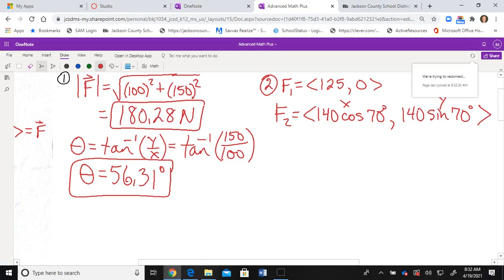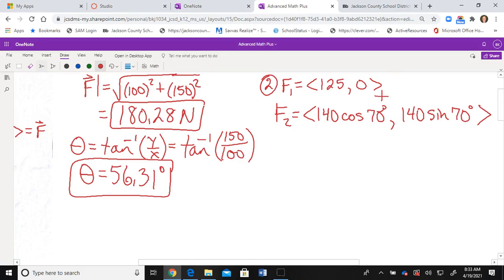Add them up. Okay. So let me erase that x because I don't want you thinking that's a times. I am going to add these two. Now, don't actually add them, okay? It's a little more work, but I'm just going to write them out the way they are.